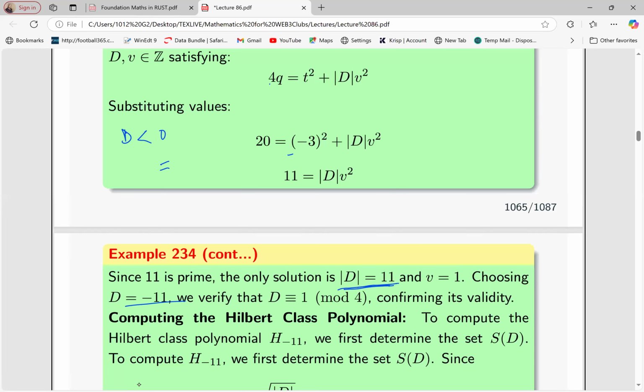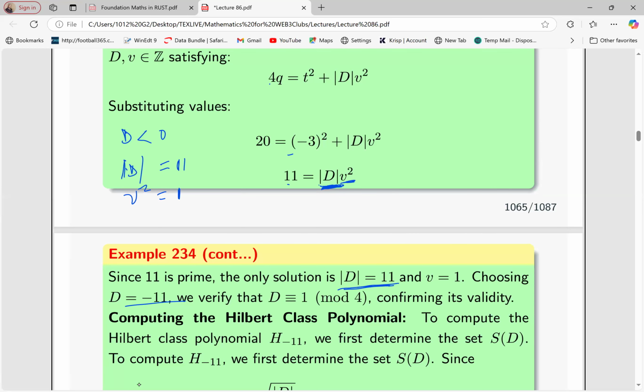Because here what we were getting was not D, it was the magnitude of D. The magnitude of D was 11 at this point, and then V square was 1.